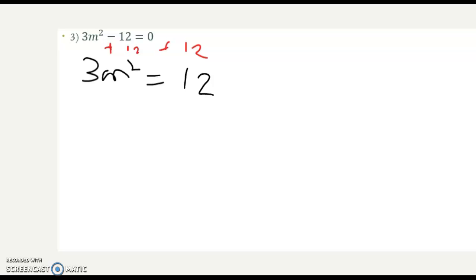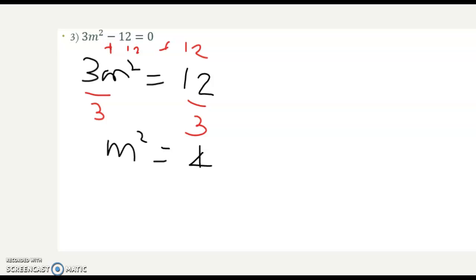The next thing to undo is the 3. Just like we did before, we divide both sides by 3, and that gives us m squared on the left because 3 divided by 3 gives us 1, and that gives us 4 on the right.